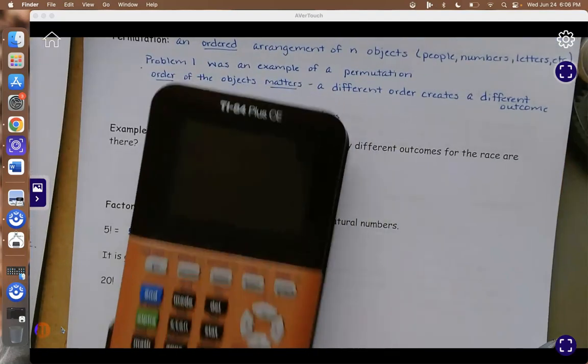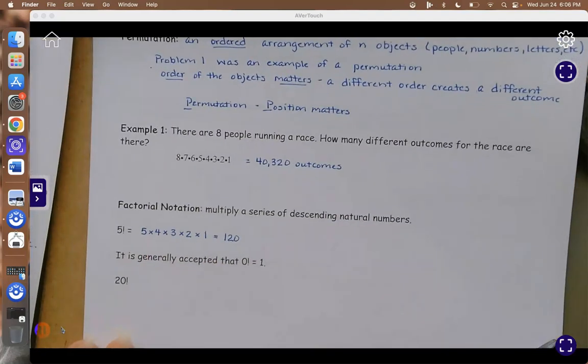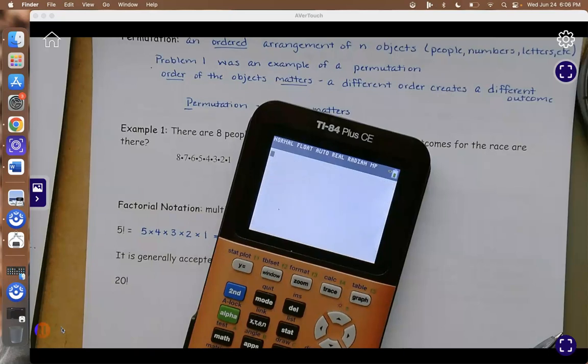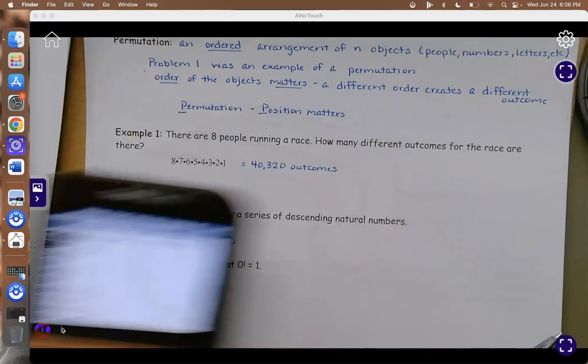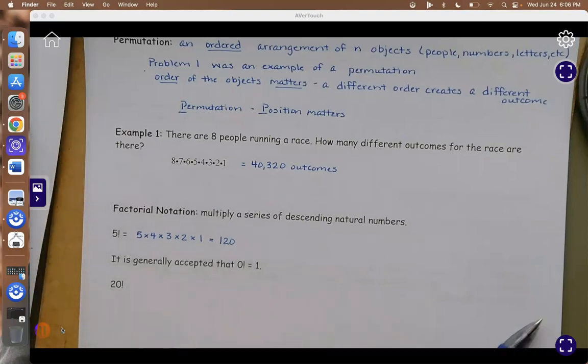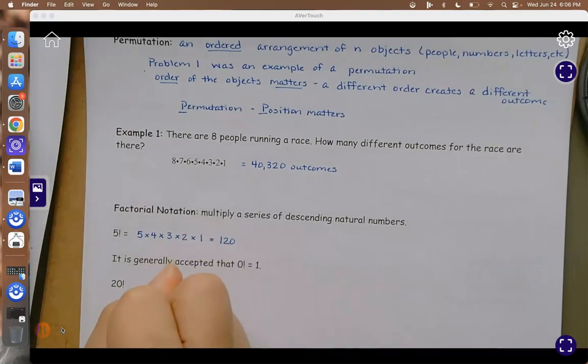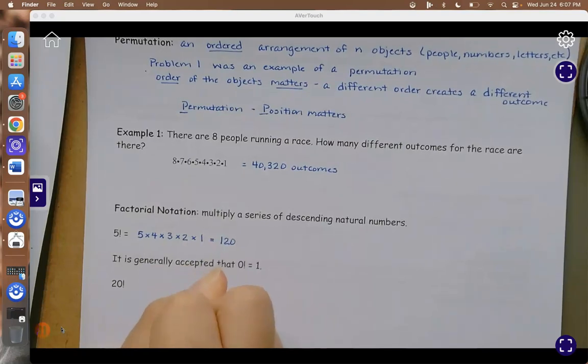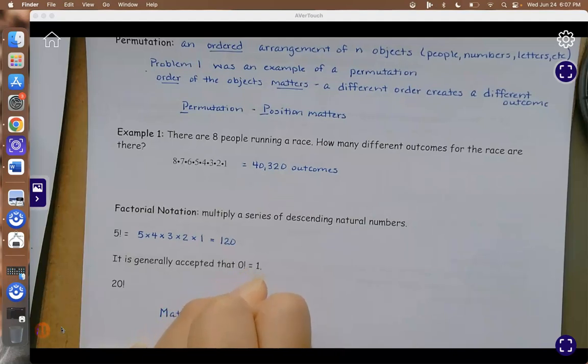Okay, so how do we do this on the calculator? So this is 20 factorial. Okay, so to do 20 factorial, we type in 20. Let me just clear all that out. 20. Then we go to math. So let's write the steps down first. We're going to go to math, over to probability.